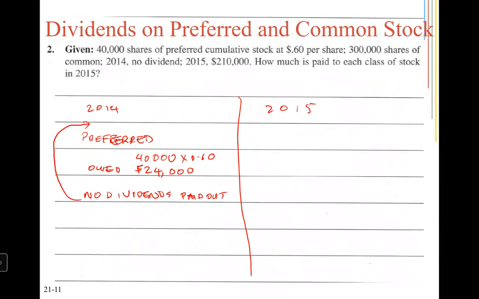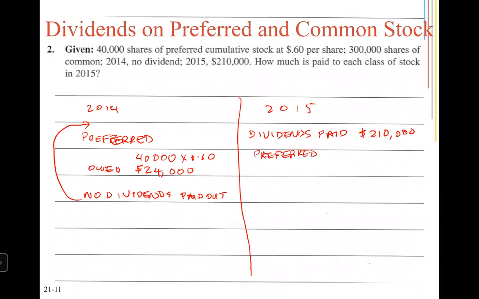So in 2015 now, how much was paid out? In 2015, they had 210,000. Okay, so they paid out $210,000. Preferred, how much are they owed for 2014?